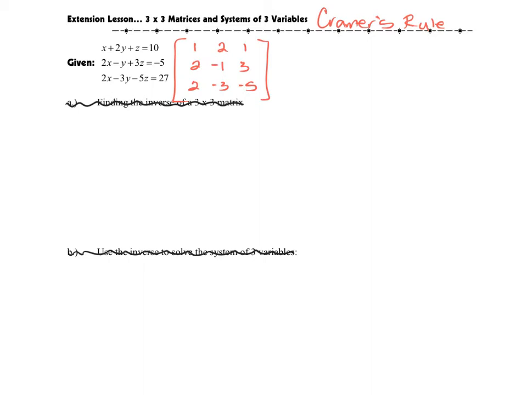So we're going to focus on this first one up here first. I'm going to focus on this one, and then I'm going to imagine that this entire row is gone and this entire column is gone. If I mentally mark those out, I'm left with this little 2x2 matrix right here.